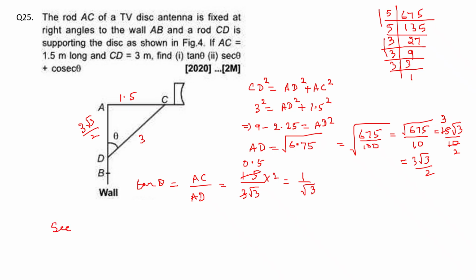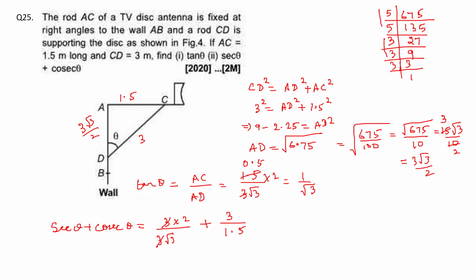Next you have to find sec theta plus cosec theta. So sec theta will be hypotenuse by adjacent. So 3 divided by (3 root 3 by 2), and cosec theta will be hypotenuse by opposite, 3 by 1.5.